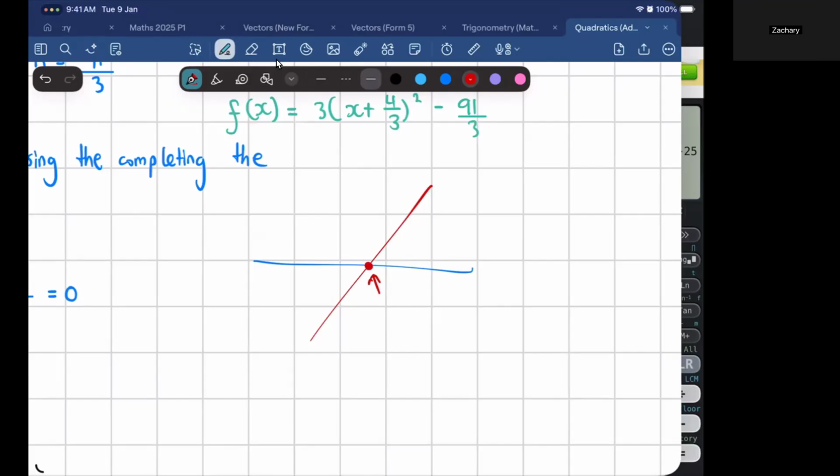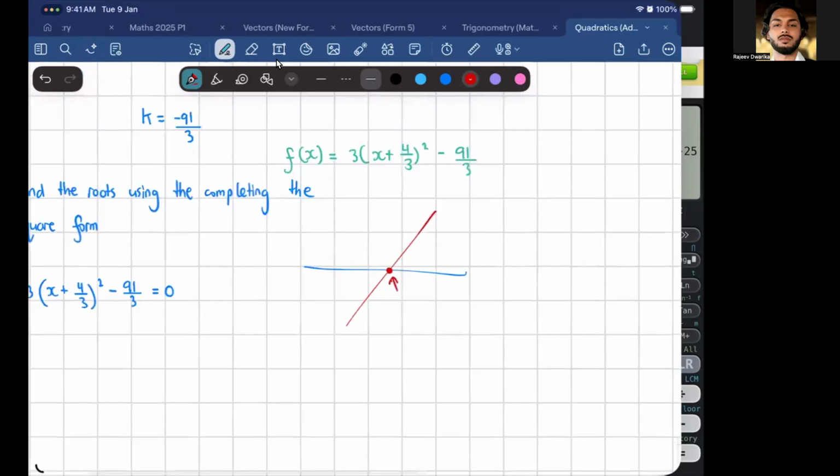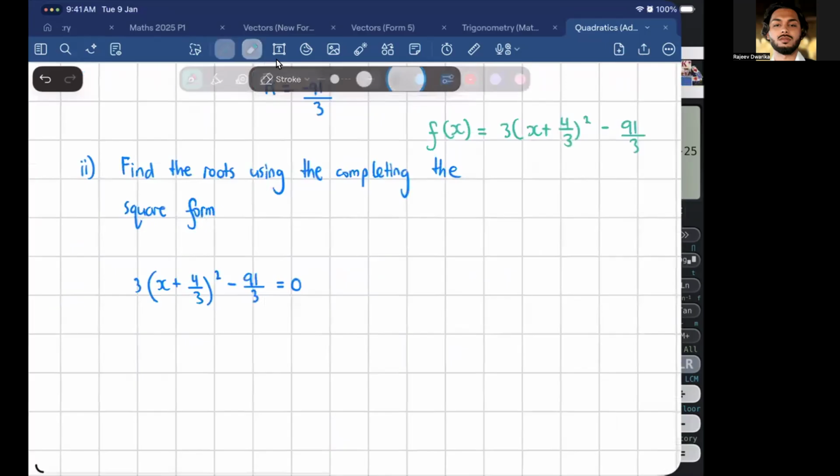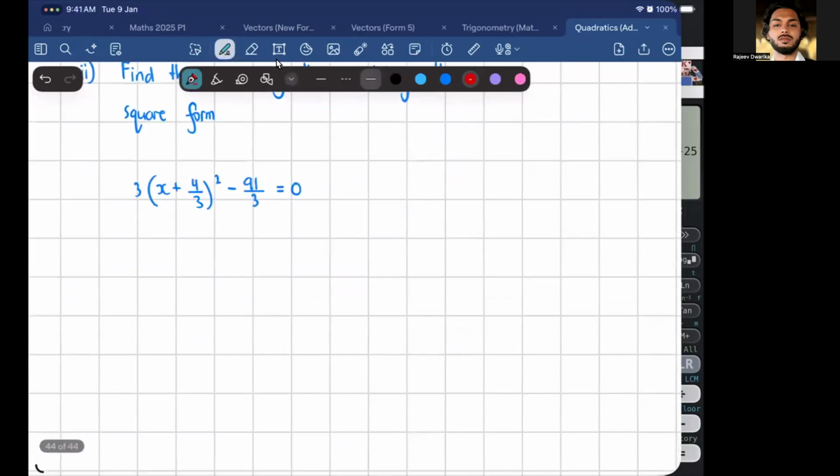Yes, because if you're on the x-axis, you can only move left or right. There is no vertical component, so the y value is 0. Another way to write f of x is actually y. That's why when we want to find the roots, we put it equal to 0. Okay, so Zachary, the next step. You see this minus 91 over 3?